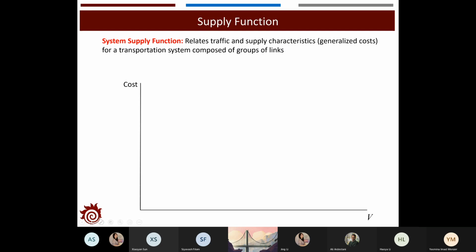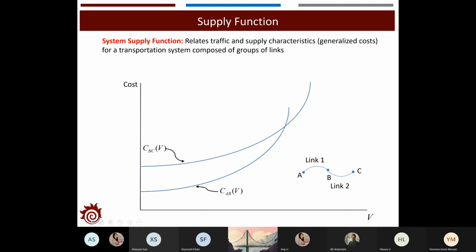So the first example that we consider is a direct connection. We connect link 1 and link 2 directly, so we have sequential links from A to B and B to C. We know the cost function from A to B as CAB, and the cost function from B to C as CBC.